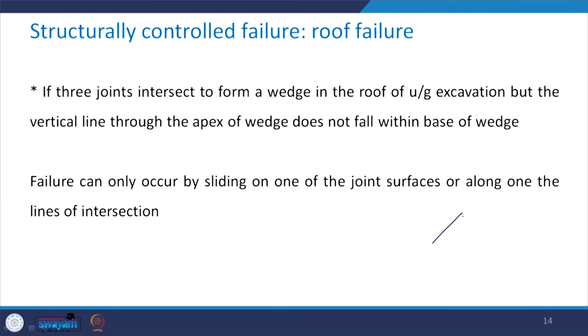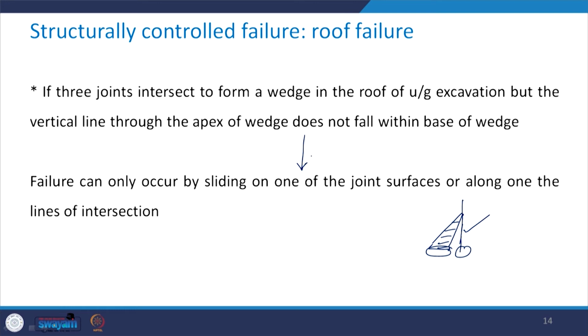Now, if that condition is not satisfied, say you can have a situation like this, that this is the wedge that is being formed, and this is the apex, and you see that the vertical line from the apex is not within the base, base is here and it is outside the base. So, what will happen in that case is that the failure can occur only by sliding on one of the joint surfaces or along one of the lines of intersection.